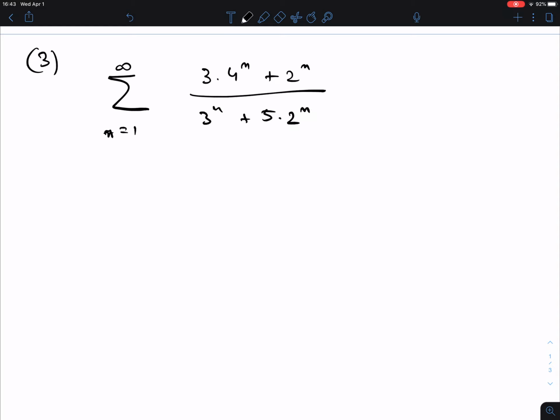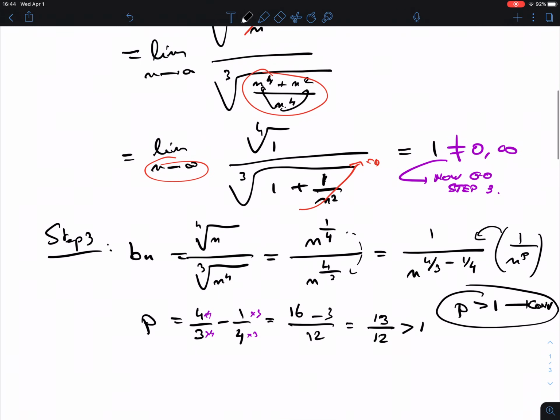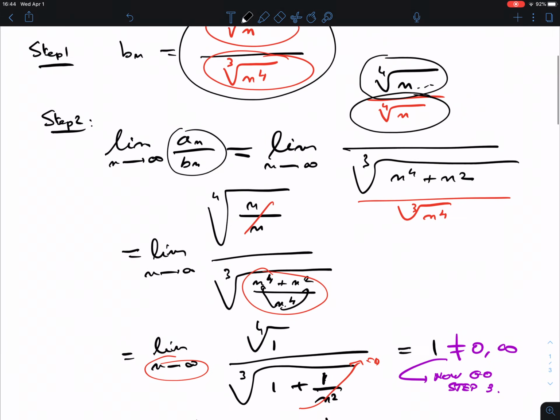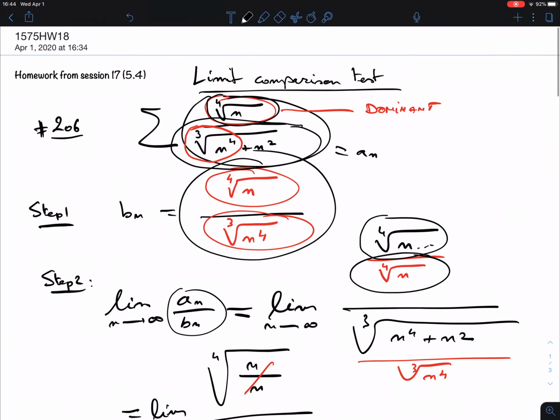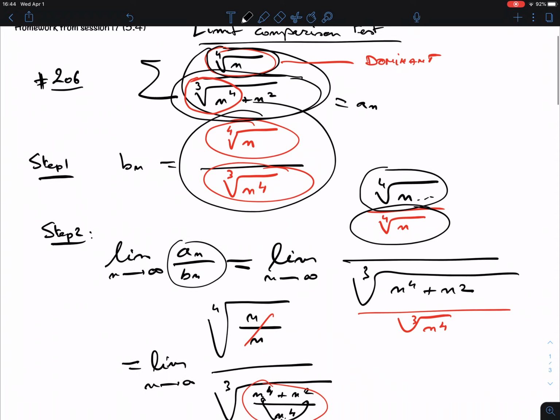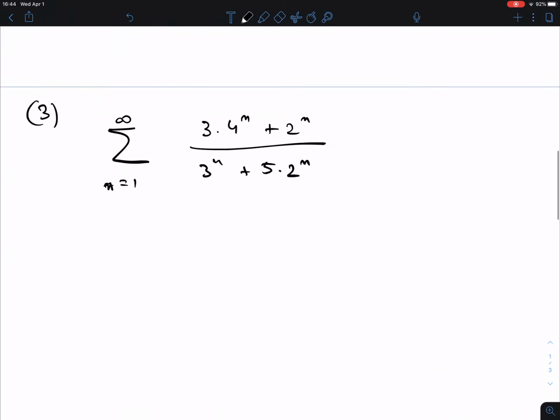Okay. What's the difference here? The n's are in the exponent, so we are dealing with exponential functions, right? Here the n's were all rational powers of n. Here we have exponentials in n, and this therefore reminds us of the geometric series.